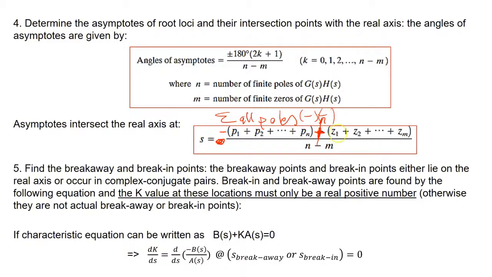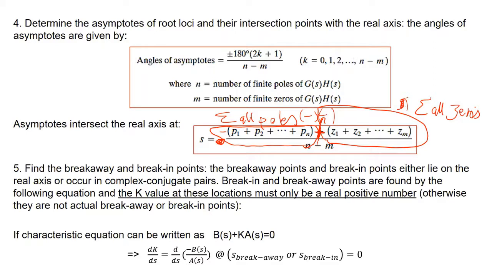Minus minus pole, minus zeros. And then this negative is what? Negative all z's. Yes, this guy here. So this all negatives is summation of the poles. All this is summation of what? Summation of all zeros.